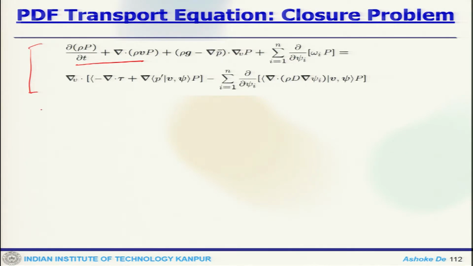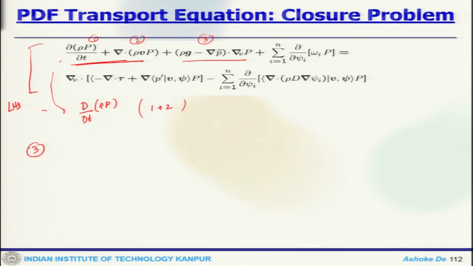That means this will lead to the material derivative of rho p. These two terms will lead to that. Then the third term on the left hand side.